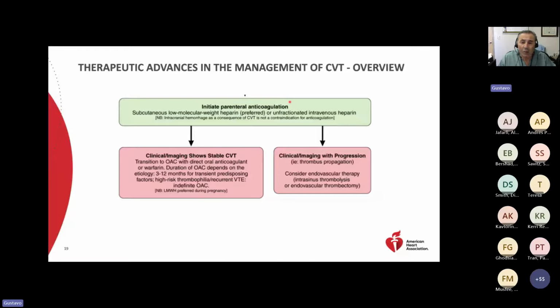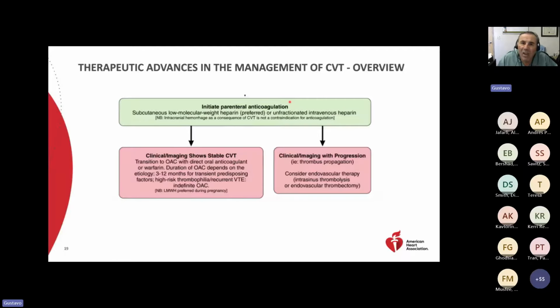And again, the question is what is practical to be used? Usually you don't need to monitor whether patients are on the appropriate dose or not. It's an open discussion about that.